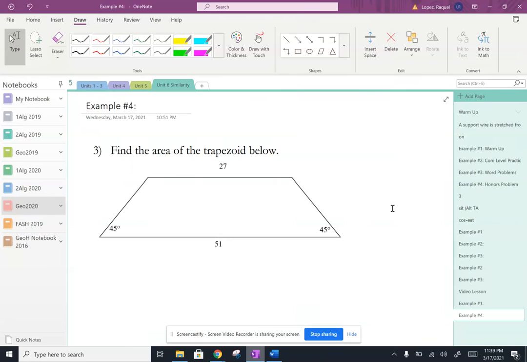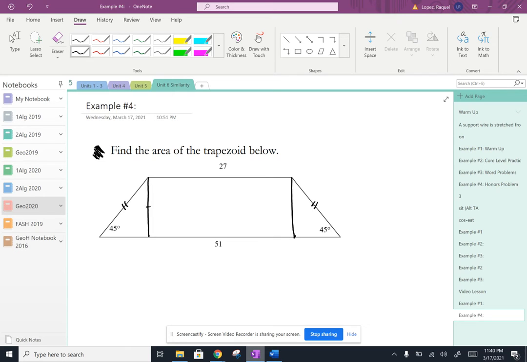All right, geometry. In this final example, we're going to find the area of the trapezoid shown below. Okay, so I see that the base angles over here are congruent and they're 45-degree angles. So that means it's an isosceles trapezoid, and those two legs are congruent.